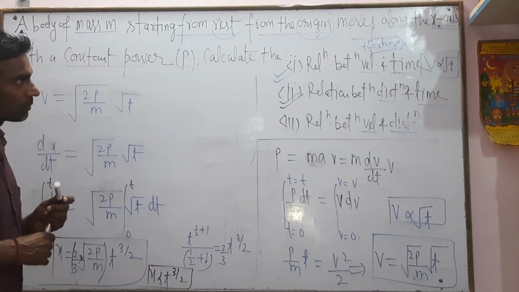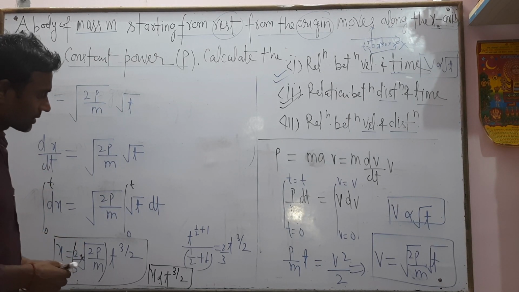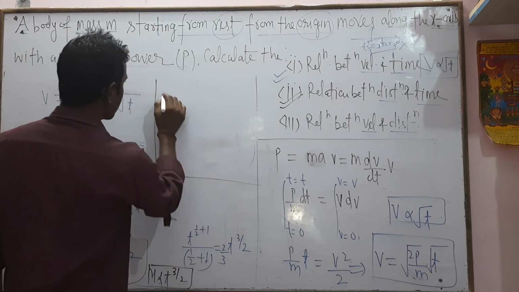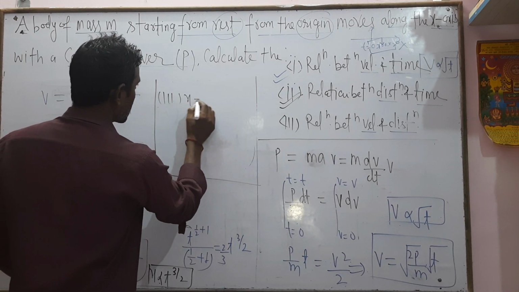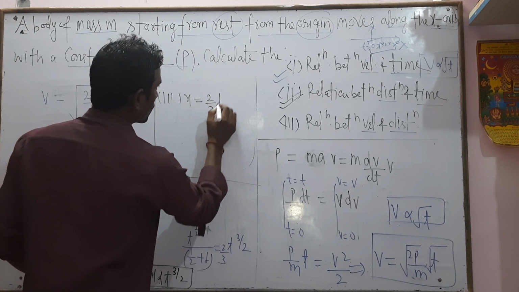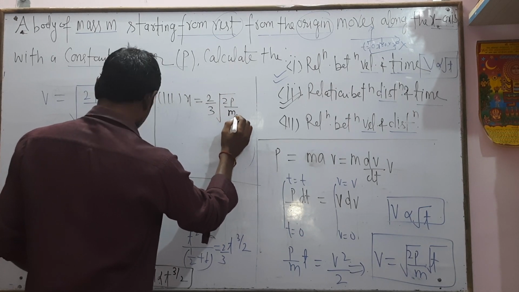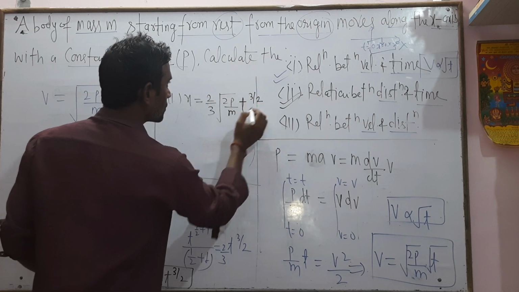And now we have to prove the relation between velocity and distance. So this is the third point. Let us suppose, for the third point, x equals 2 by 3 root of 2P by m into t raised to 3 by 2.